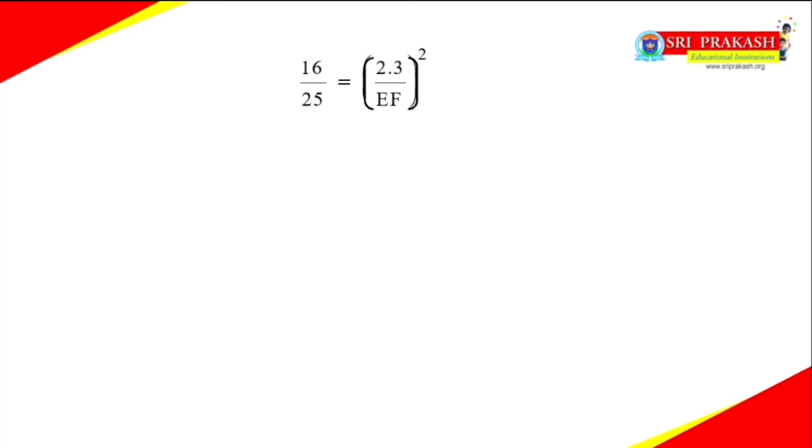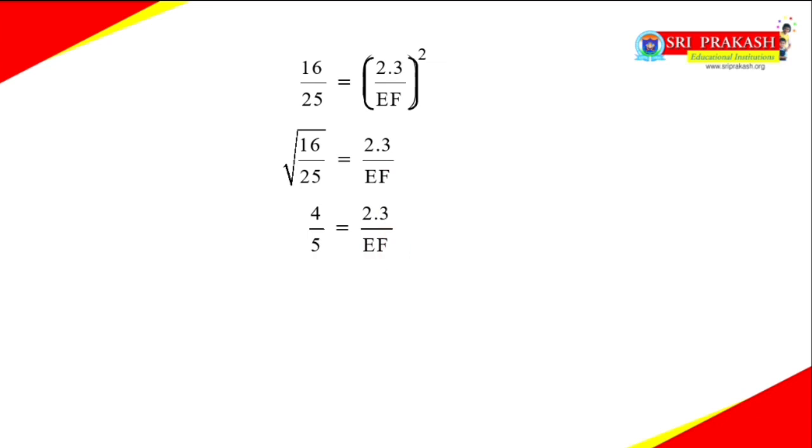Children, 2.3 square by EF square can be written as 2.3 by EF whole square. Now let us shift the square from RHS to LHS. Then we get square root of 16 by 25 is equal to 2.3 by EF. Now let us take the square roots of 16 and 25. Then we get 4 by 5 is equal to 2.3 by EF.